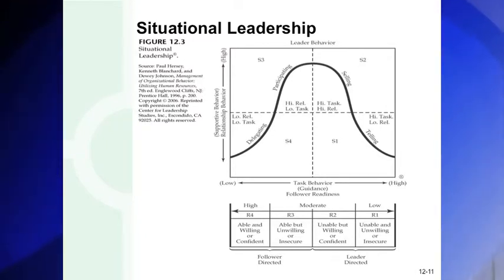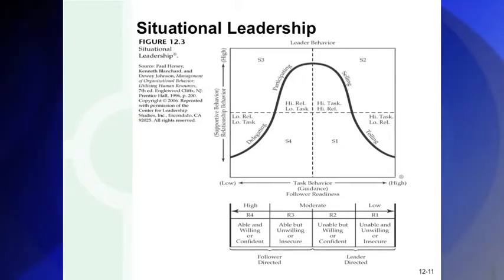you'll see essentially what Paul Hersey and Kenneth Blanchard, who developed this model, laid out. One of the axes is task behaviors, that is low task versus high task behaviors.